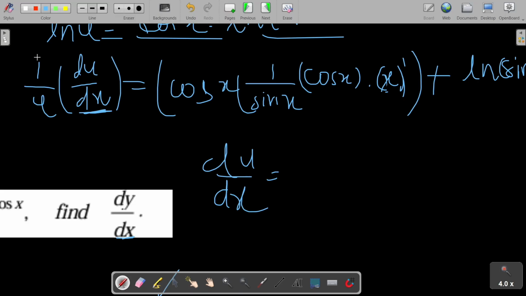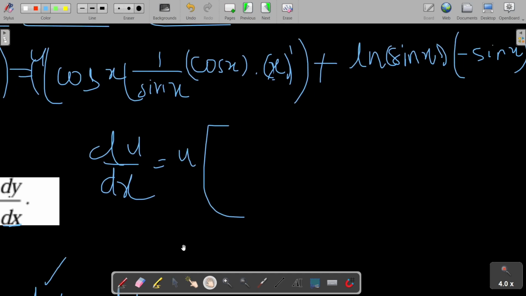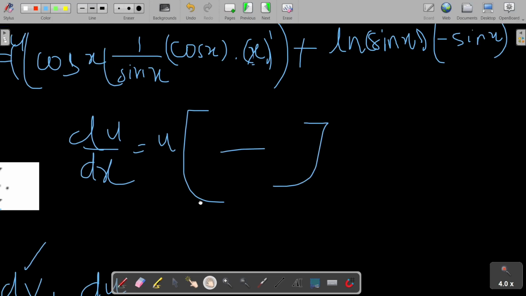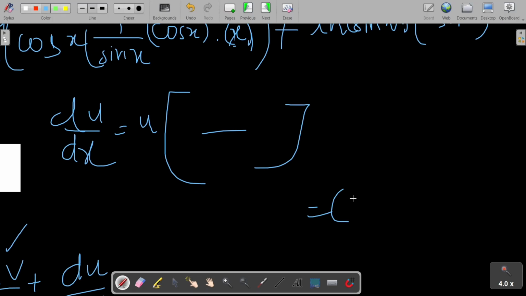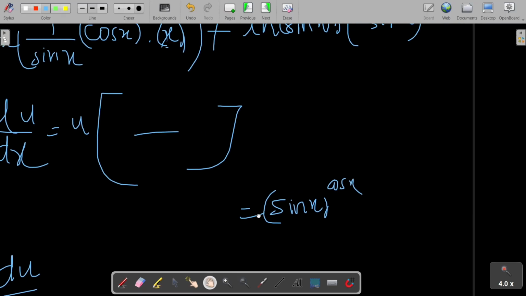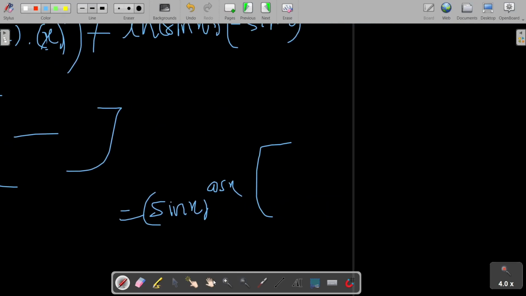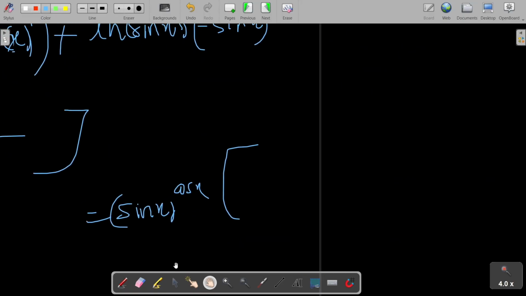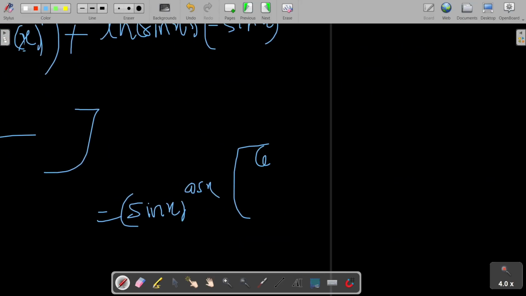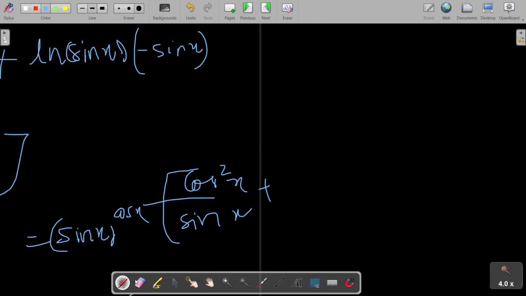So if we multiply both sides by u, this u gets cancelled, and I got u times this whole thing right here, and u is sin x power cos x times cos square x over sin x plus, no sorry, minus, because we have a negative term right here.